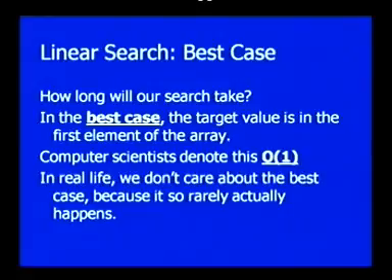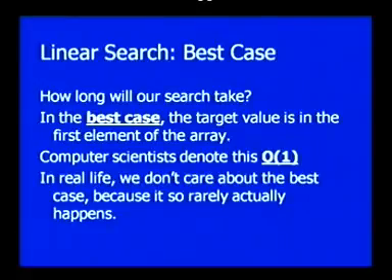Fine. When will the worst case come? The worst case will come if what I am searching for happens to be the last element of the array, or if I am not able to find what I am searching for in that array.